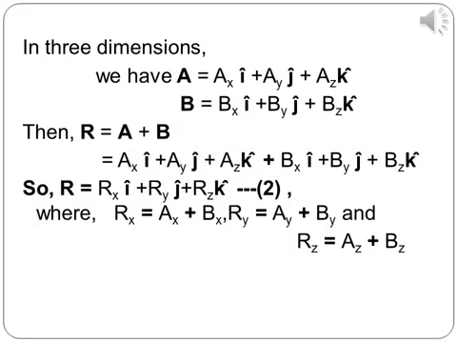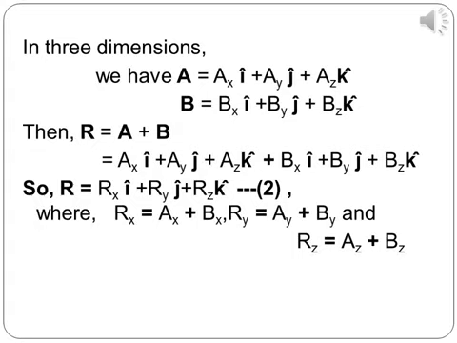Then the resultant vector R is equal to vector A plus vector B, which is equal to Ax i cap plus Ay j cap plus Az k cap plus Bx i cap plus By j cap plus Bz k cap.